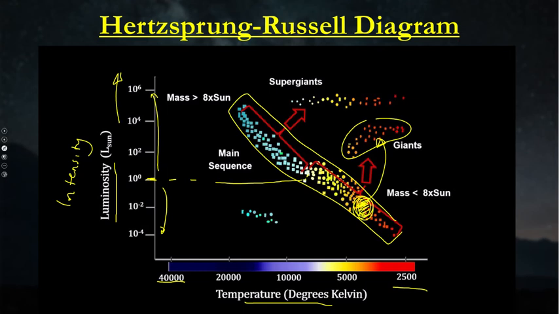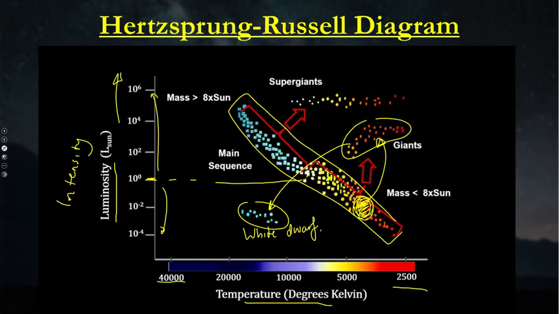Once that's done, the supergiant will then become a dwarf. In the diagram we showed before, that is a white dwarf. So that's what we're looking into here.